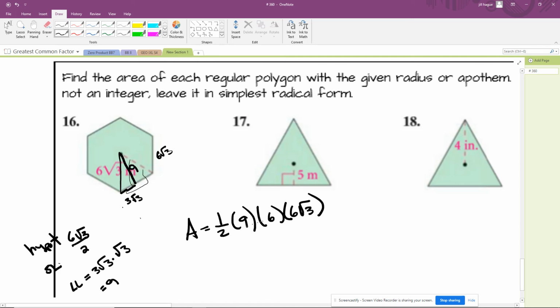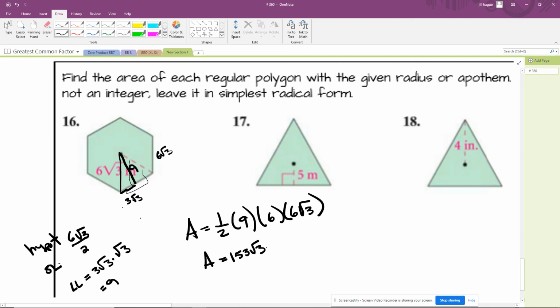So 1/2 of that is 3. 3 times 6 is 18. And 18 times 9 is 90, and 63 is 153. So my answer is 153 times the square root of 3.